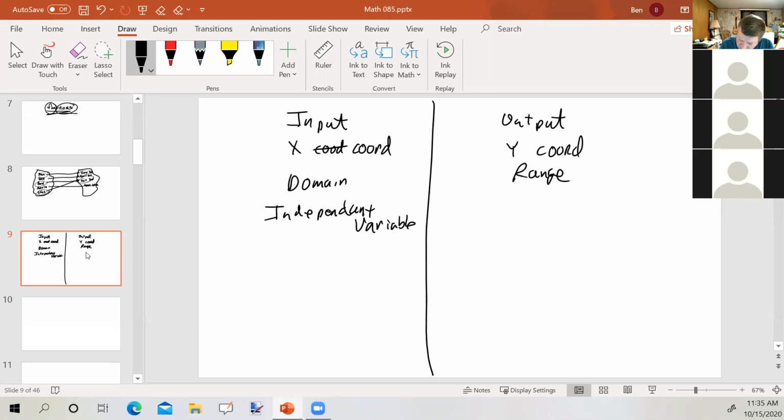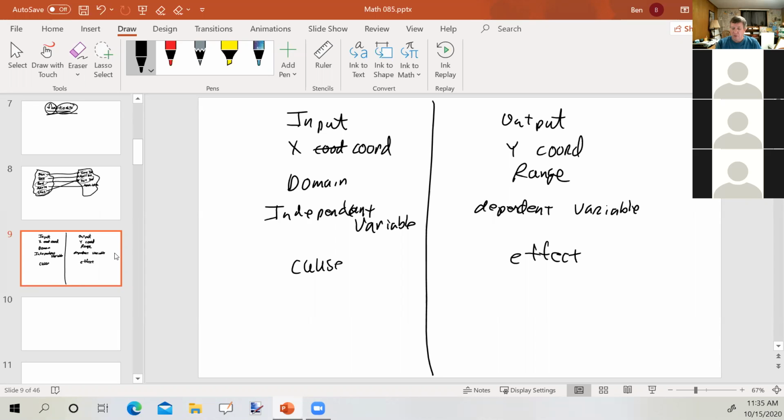Is independent ANT or ENT? I think it's ENT. Okay, dependent variable. And then cause, effect. So those are different ways of describing the same situation.